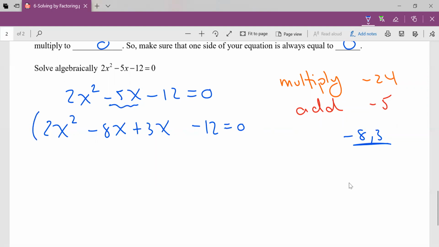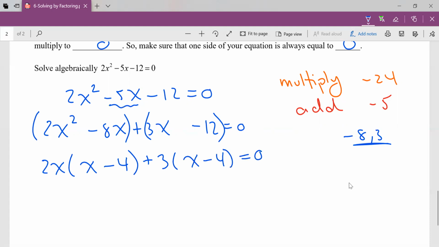Then we take out our greatest common factor from each set of parentheses. In the first, I'm going to take out a 2x. In the second, I'm going to take out a 3. I know I've done this right because x minus 4 is a factor of both of my terms.